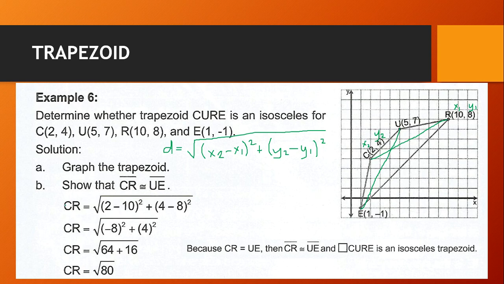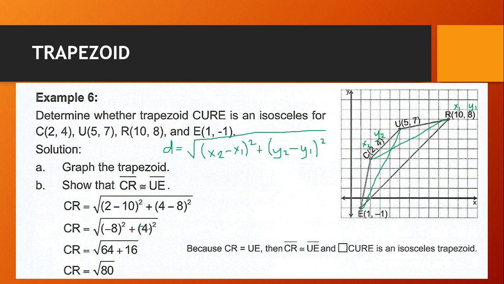So let's go back to CR. CR equals the square root of the quantity 2 minus 10 squared plus the quantity 4 minus 8 squared. Again, 2 is the x sub 2, 10 is the x sub 1, 4 is the y sub 2, 8 is the y sub 1. So 2 minus 10 is negative 8, squared, plus 4 minus 8, which is negative 4, squared. When you subtract a larger value from a smaller one, the answer is negative.